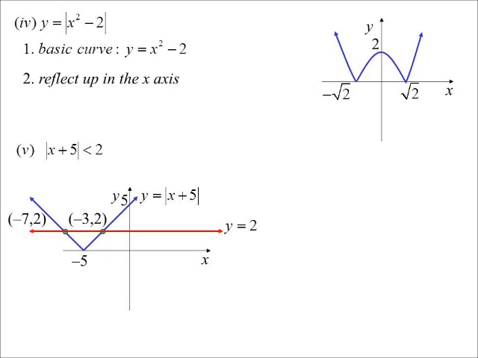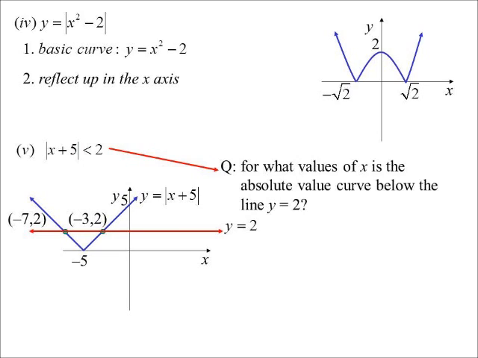Now I've still got to find the points of intersection, so I've still got to solve it like it's an equation anyway. But I can read off my graph and see, oh, it's just the x values in between minus 7 and minus 3. As I say, I don't think it's a real efficient way of solving that, but had I in a previous part of the question drawn those graphs, and I've got the graphs there to use, and it's accurate, well, in that case, okay, maybe I'll use the graph to solve it.